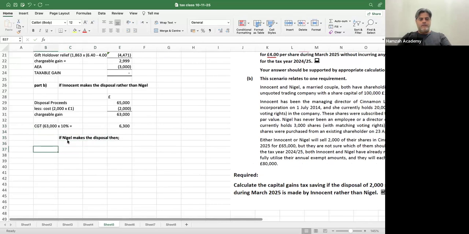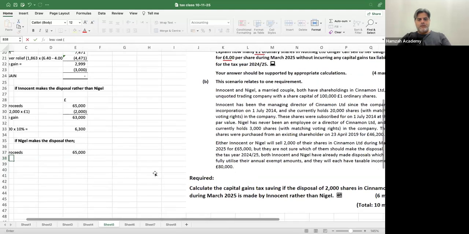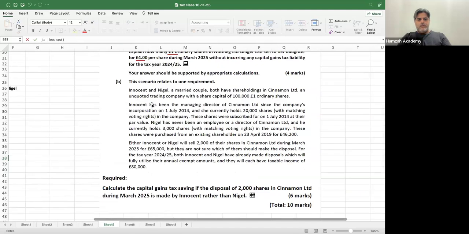then you have disposal proceeds of 65,000 less cost. Nigel has never been employed and he currently holds 3,000 shares with matching voting rights.